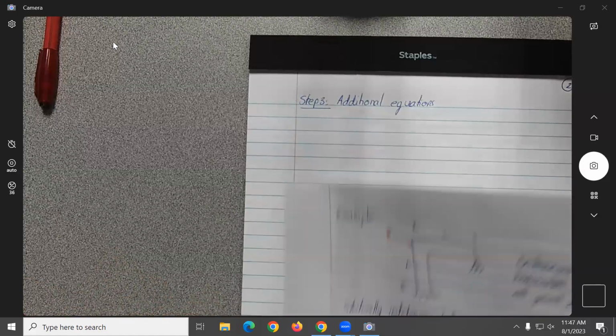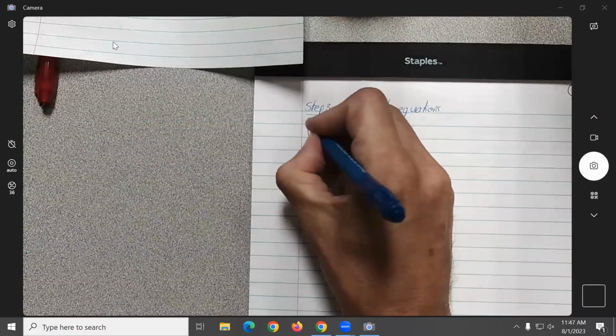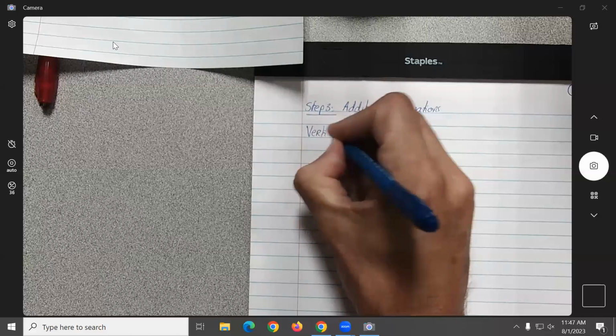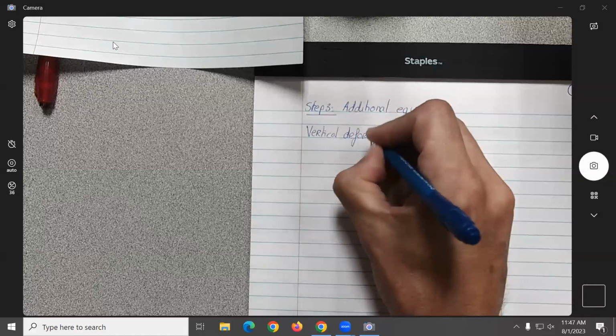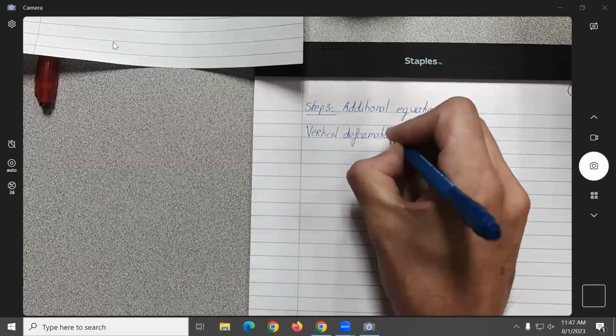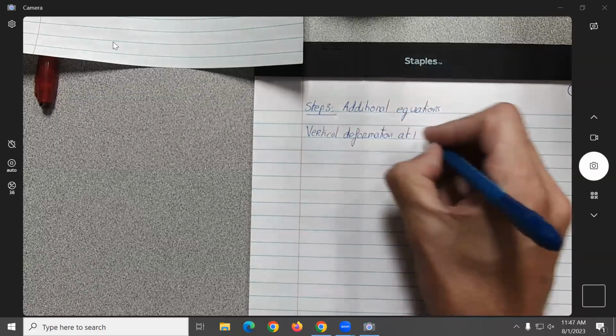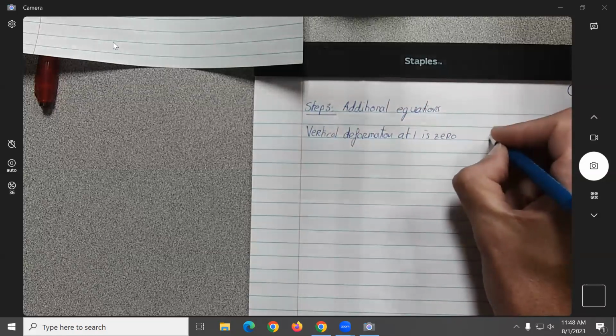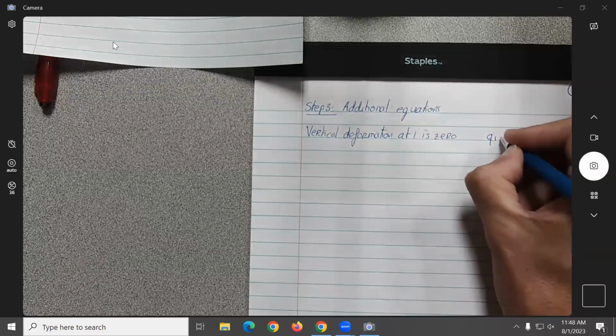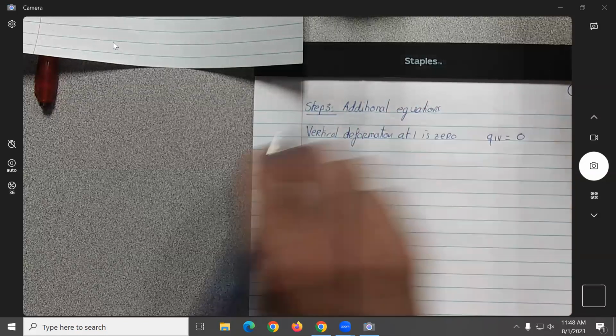Okay, so step 3, we know that the vertical deformation at 1 is 0. So mathematically, I'm going to write this one Q1 vertical equal to 0.